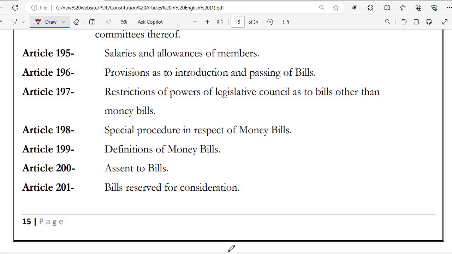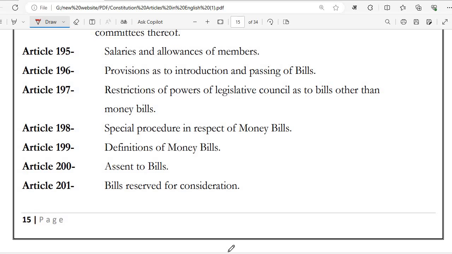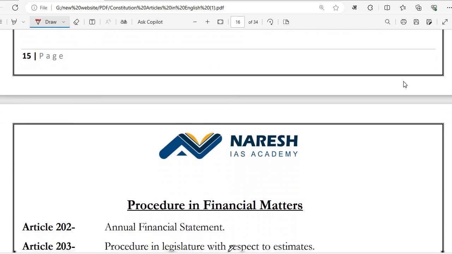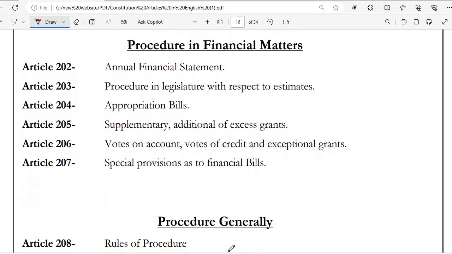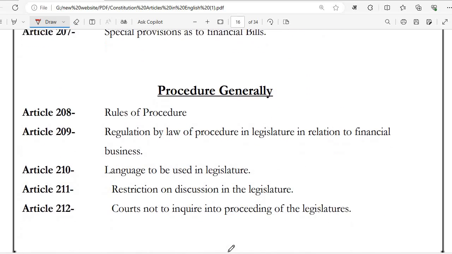Assent to bills, the Governor has power to assent to bill or to withhold the bills, and bill reserved for consideration. Governor may reserve any bill for the consideration of President if the bill is beyond his power. Procedure in financial matters, same. Article 202, the financial statement of the state government, and this is the budget of state government. Nothing is new.